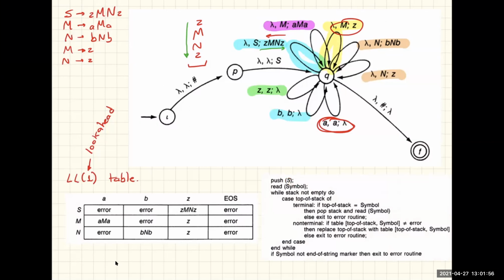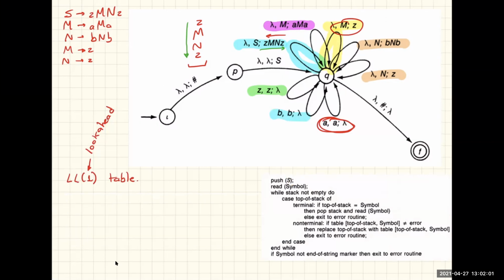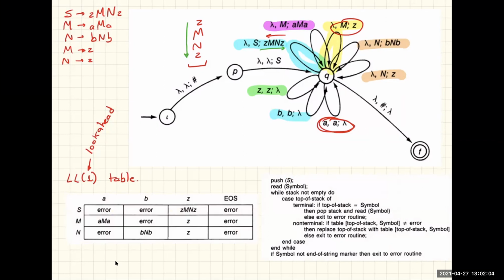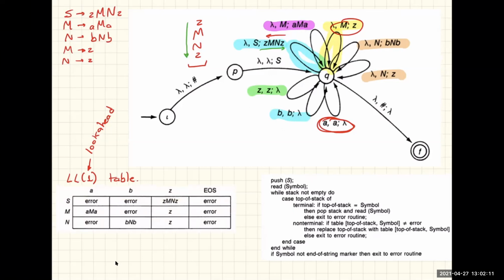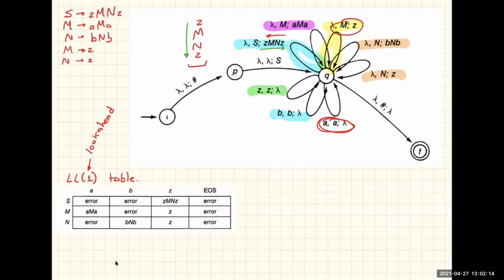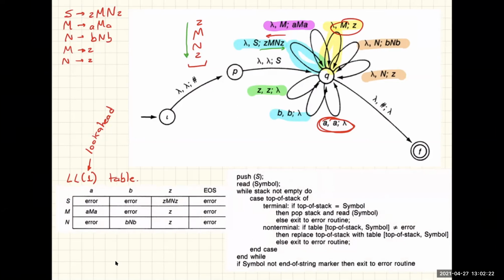Is it visible or is it too small? Let me make the table smaller and the code a little bit bigger. Okay, there it is. So this code is similar to what we are doing here. It's similar because it's not equivalent. So don't think it's exactly the same.